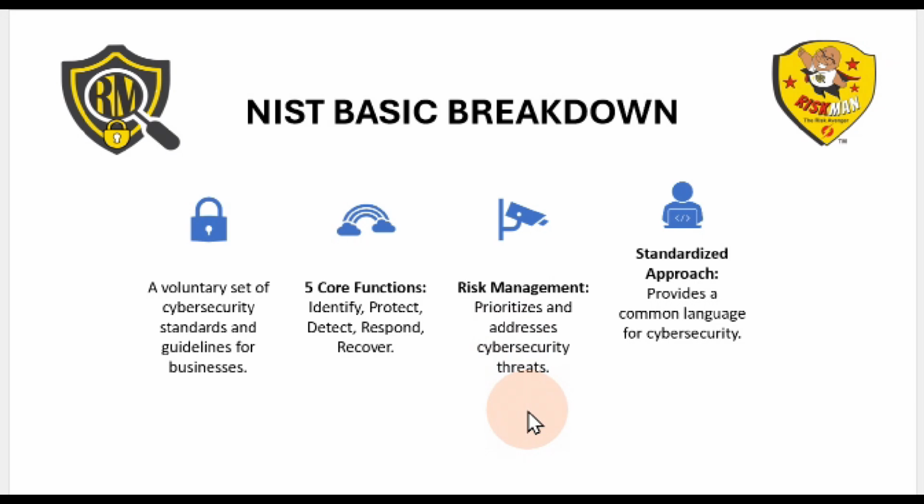So they've kind of blown out the risk management model in the 2.0 version now. So it's a standardized approach that provides common language for cybersecurity. This is a cybersecurity framework, but it can be used for more than just that as well, because it does have some operational tentacles to it as well.